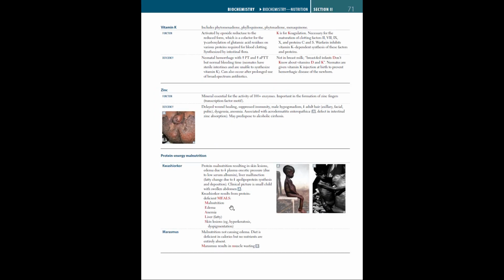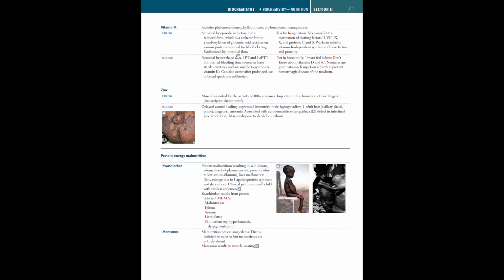Okay, on our final page, we'll be discussing vitamin K, zinc, and protein energy malnutrition. Now, vitamin K includes phytomenadione, phylloquinone, phytonadione, and menaquinone. The function of vitamin K is that it's used as a cofactor for gamma carboxylation of glutamic acid residues for various proteins required for blood clotting.